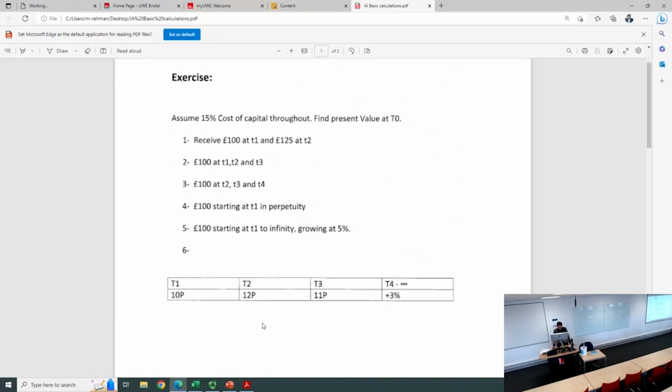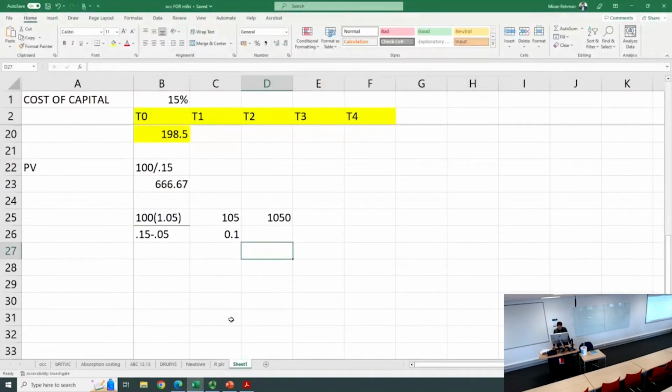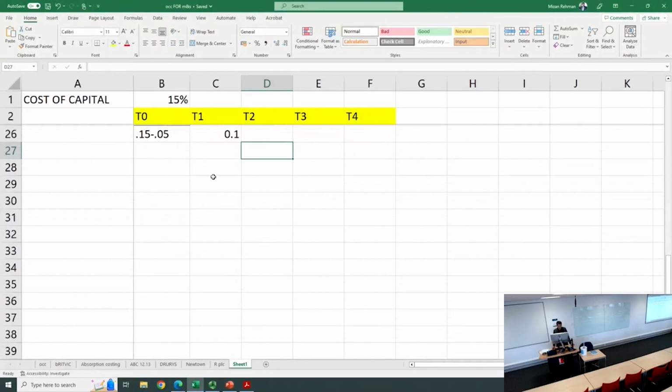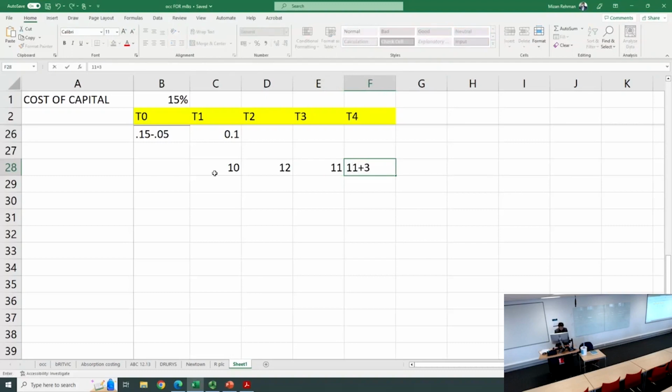So let's deal with this now. T1, 10, T2, 12, T3, 11, and at T4 it is 11 plus 3% to infinity. So we start with discount factors.